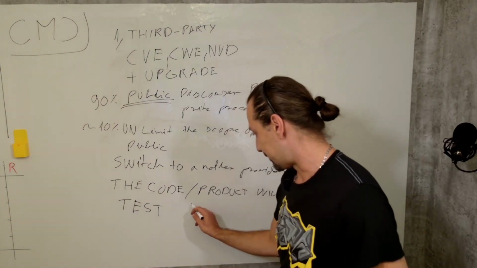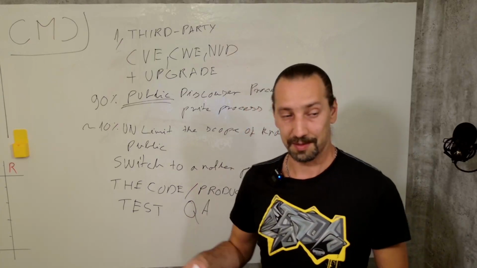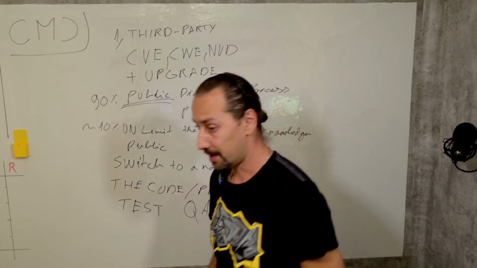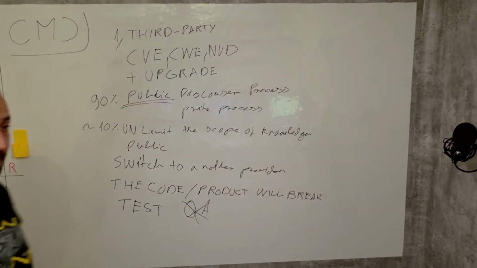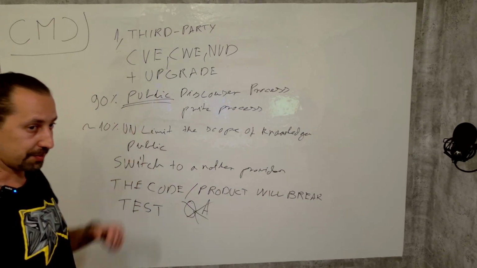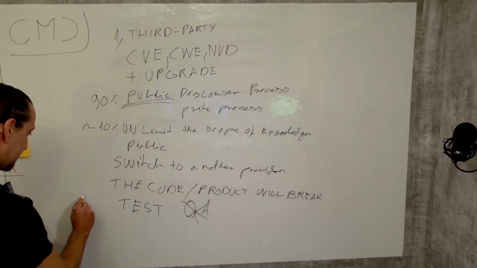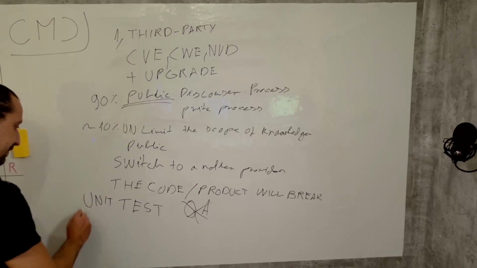So you will have the QA team to do their manual testing and so on. You don't want to go to the QA team, because the issue is with the software component, so you need to invest in unit tests.